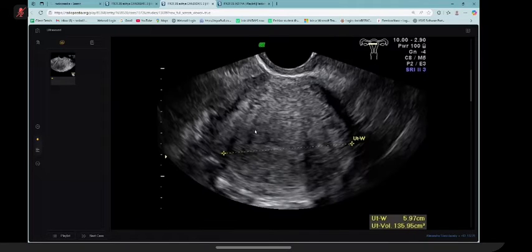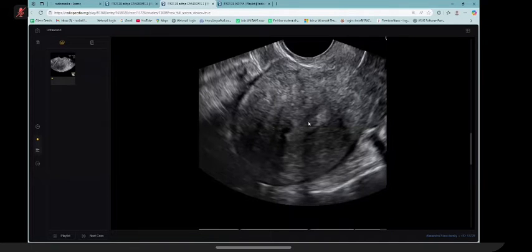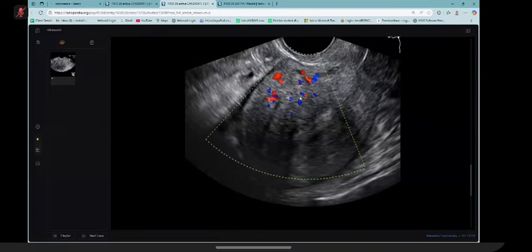In summary, in this patient, there is appreciation of loss of junctional zone along the anterior aspects with heterogeneities along the anterior myometrium showing increased vascularity. So my principal diagnosis in this case is adenomyosis with a focus of adenomyoma.